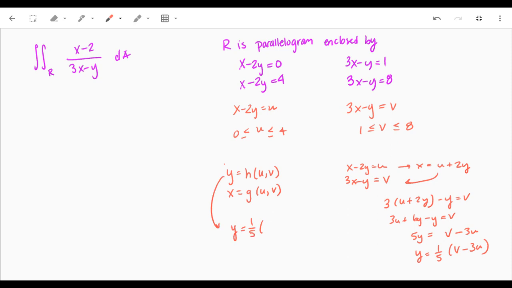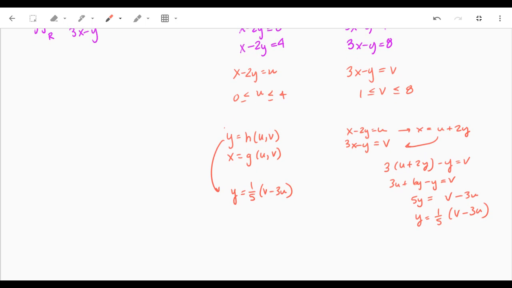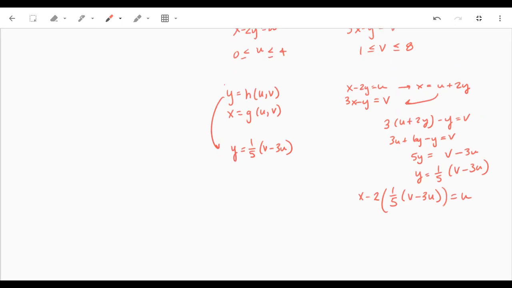Okay, so now we just need our x. Now that we have y, we can plug it into either equation. So x minus 2 times y equals u, so x will equal u plus 2/5 (v minus 3u).